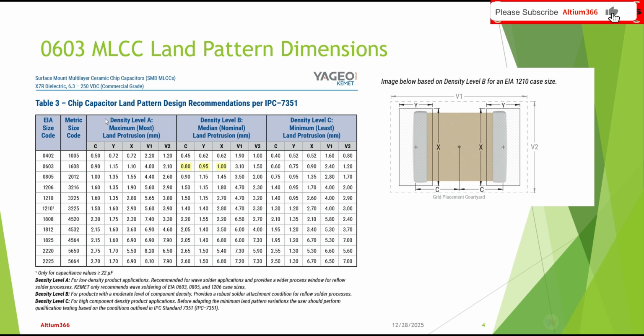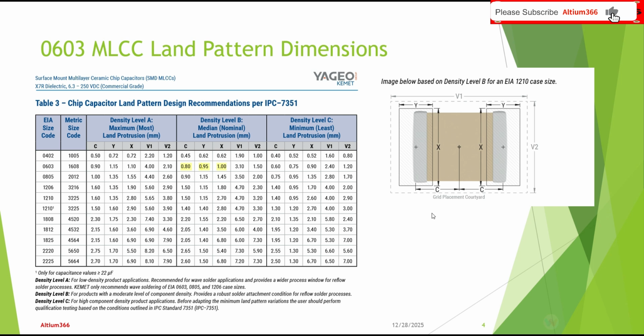One more important thing is that these pad sizes will also depend on the soldering process which you are going to use. For example, density level A is normally for the wave soldering process, and density level B and density level C are for the reflow soldering process.